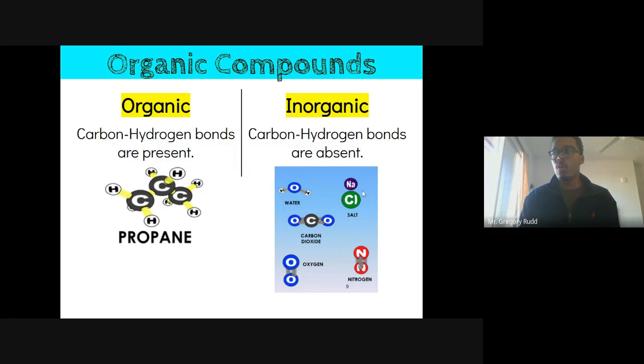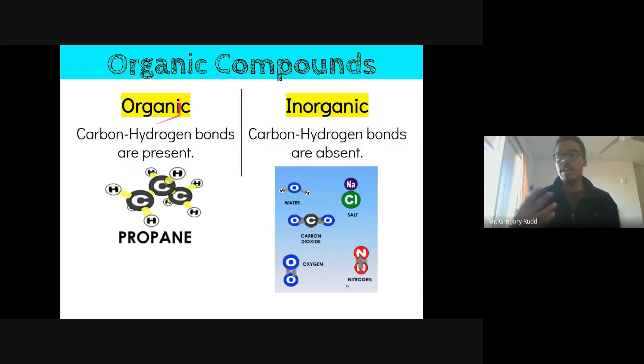Or it doesn't have either one of them, like salt, which is NaCl, sodium chloride. But when we see both carbon and hydrogen present in a molecule, as we see here with propane, more than likely carbon is bonded to hydrogen, which would make it an organic compound.